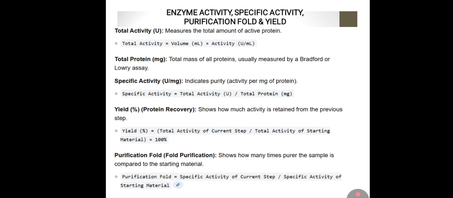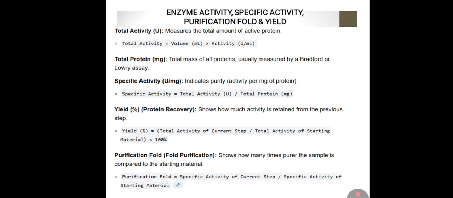The reason behind this is that you should be able to monitor that your protein of interest is preserved from being eliminated during the protein purification exercise.